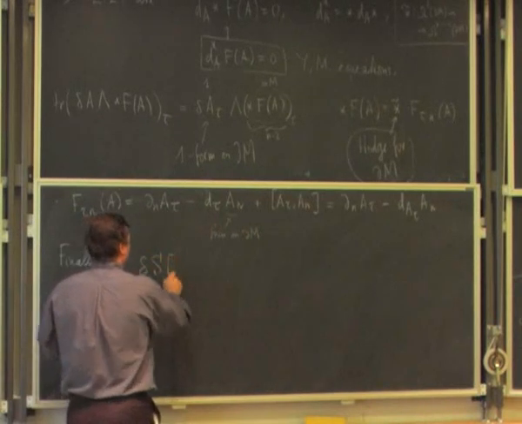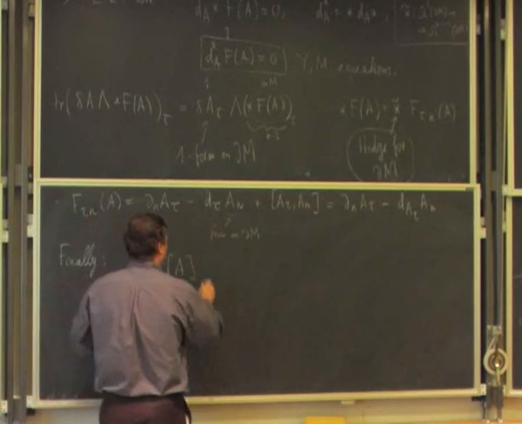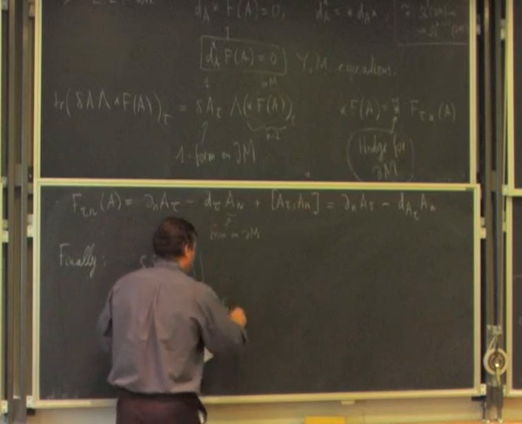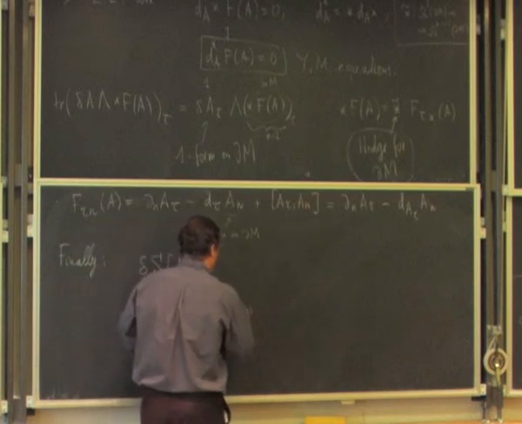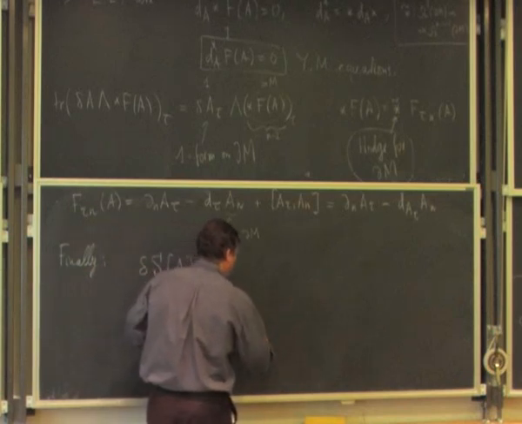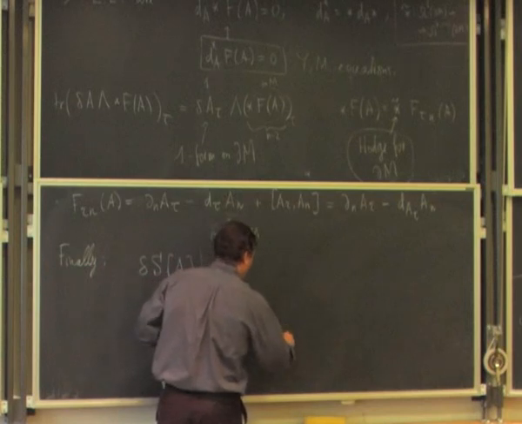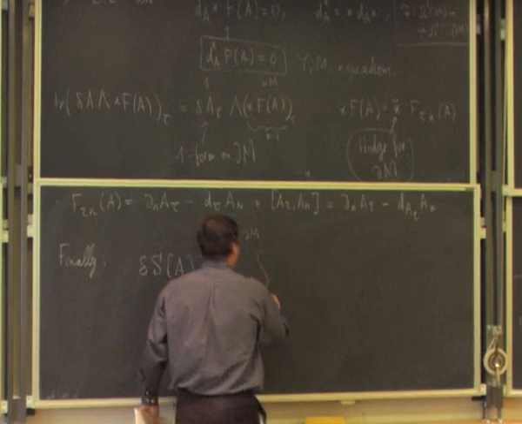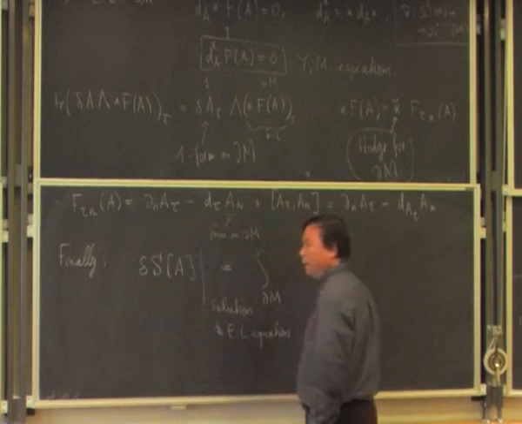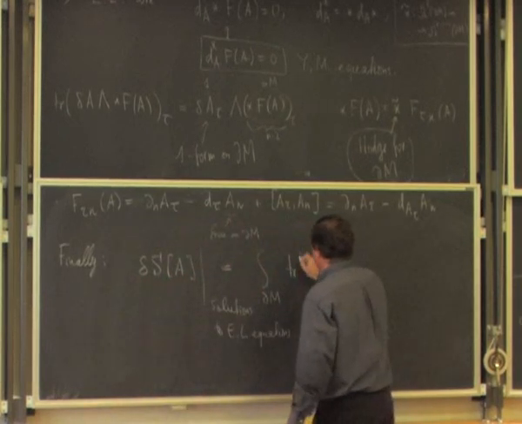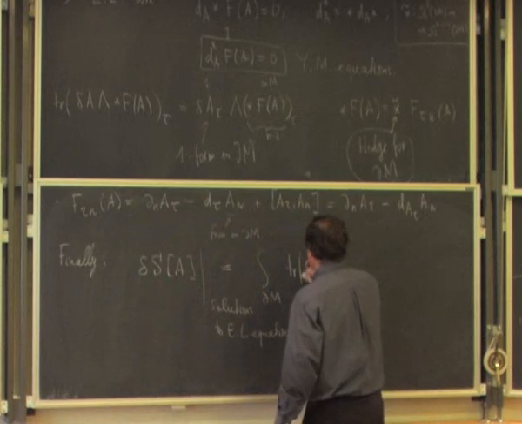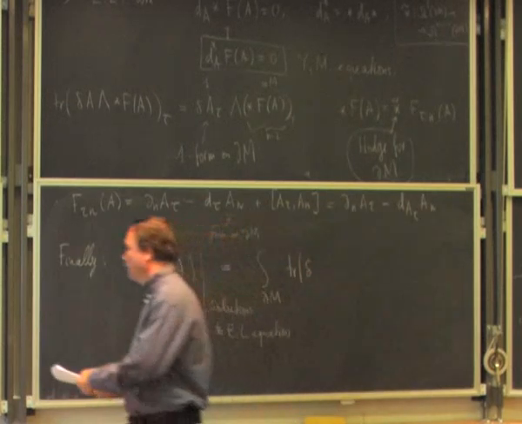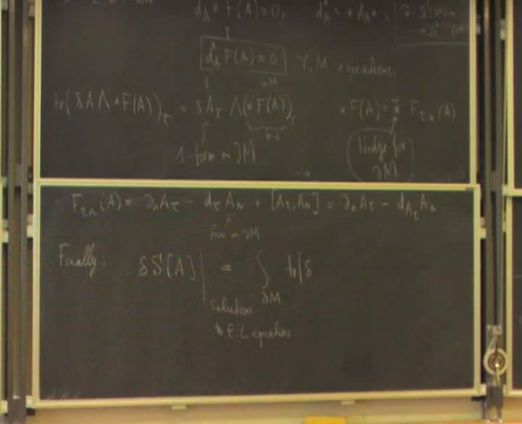the variation of the action on solutions to the Euler-Lagrange equations is equal to the integral over the boundary of the trace of delta, and then I can either use the star notation again, or I can use the scalar product.